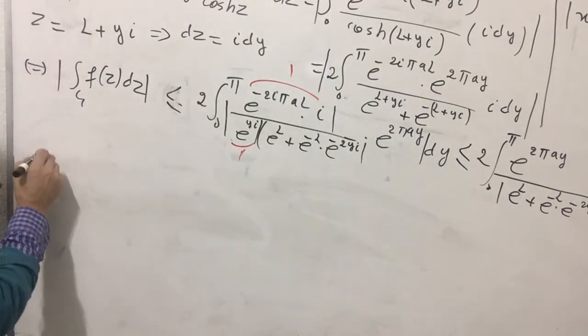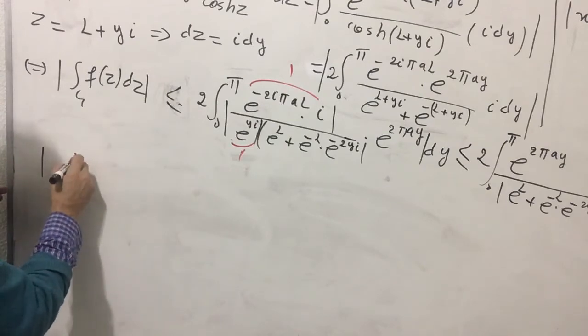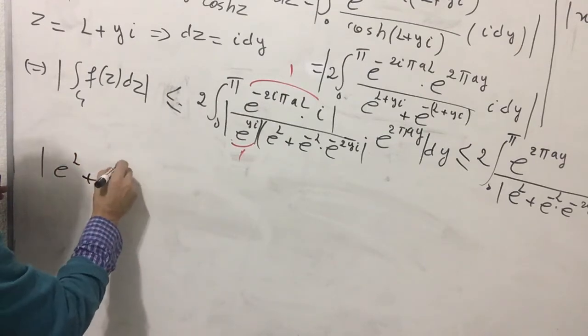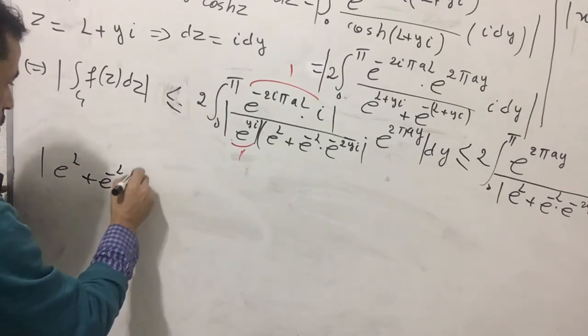Now I have the absolute value of e to the L plus e to the minus L multiplied by this term.